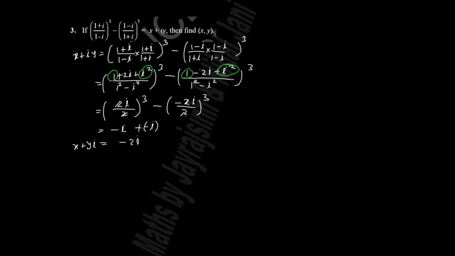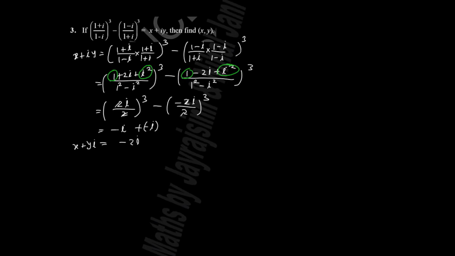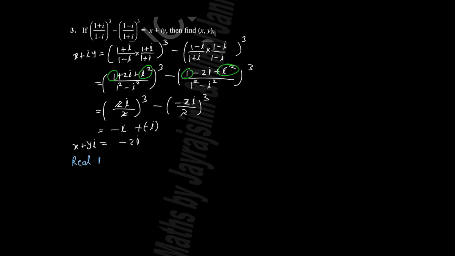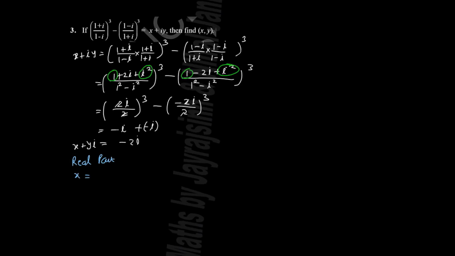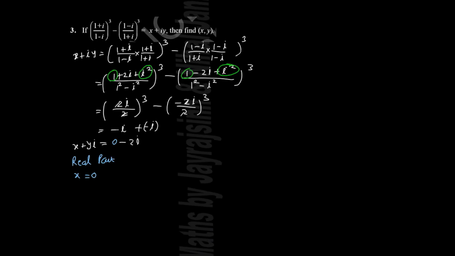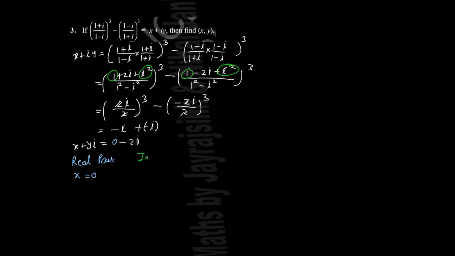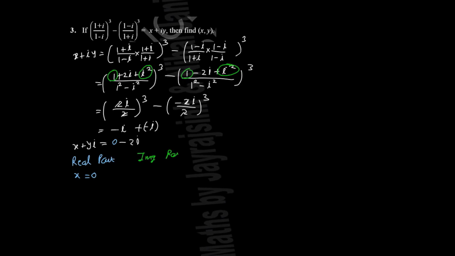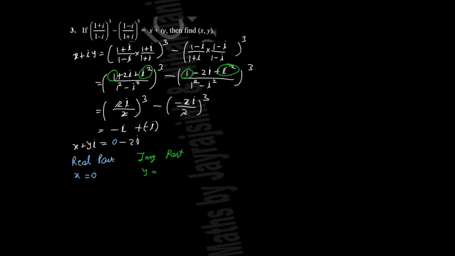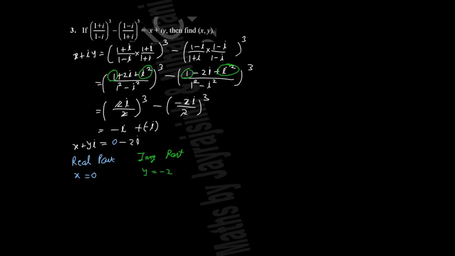We have to find x and y. x is the real part of the left hand side, so by comparing real parts, x equals 0 because we don't have any real part here, and similarly the imaginary part gives y equals minus 2.